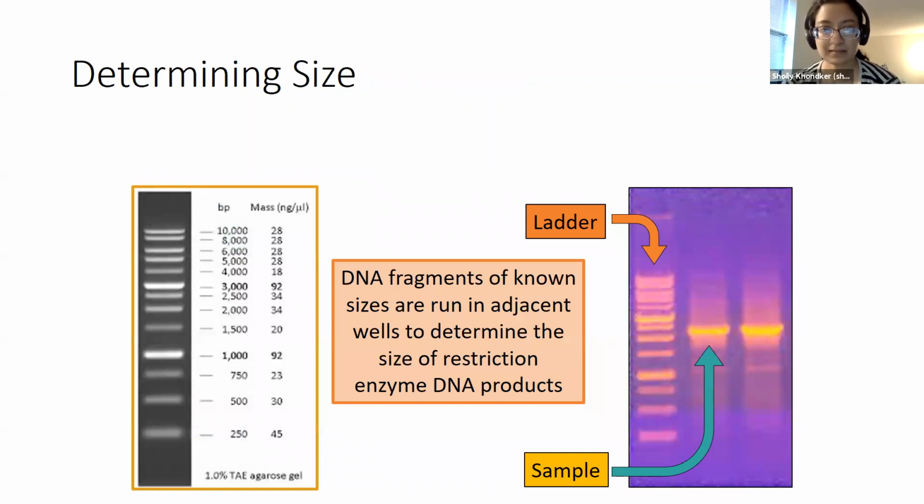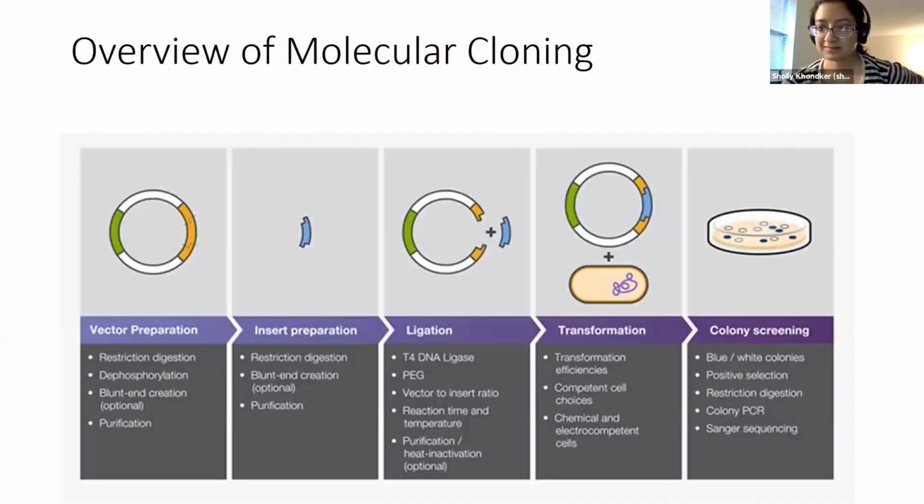Does one dye connect up with the larger fragments or the smaller fragments that it separates out by color? Sorry, I don't think I understood your question. It's just separating by size.